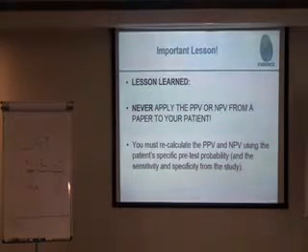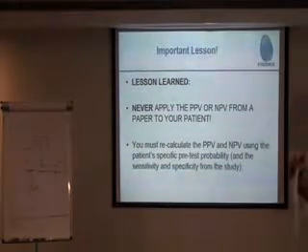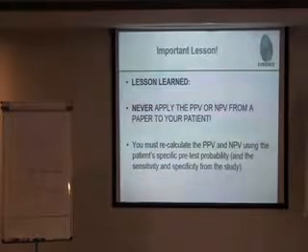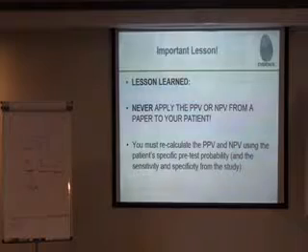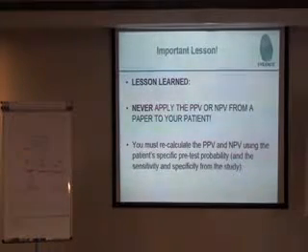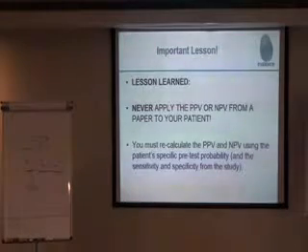Now, can you use the sensitivity and specificity? Yes, you can do that as long as your patient could get into this study, is eligible for this study, which he is. So you have to recalculate the positive and negative predictive value for this patient using the sensitivity and specificity of the study.